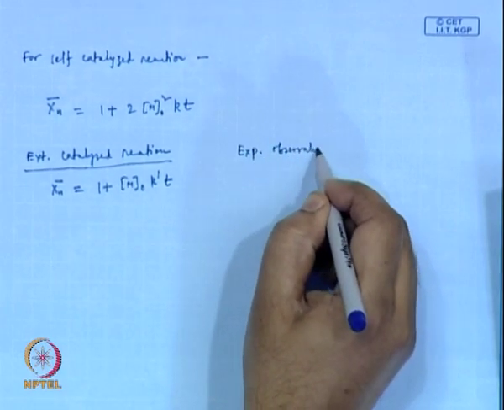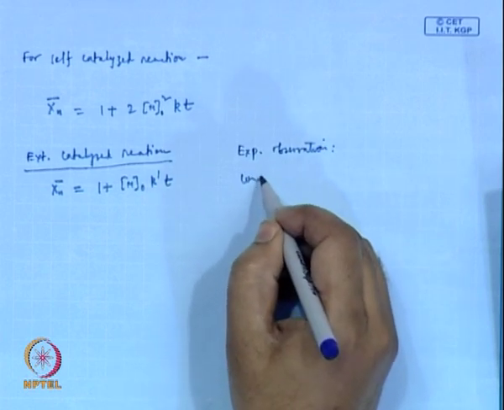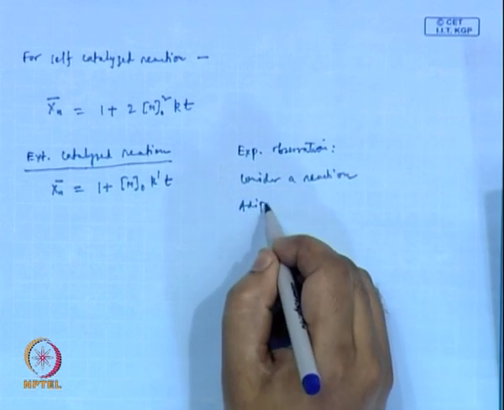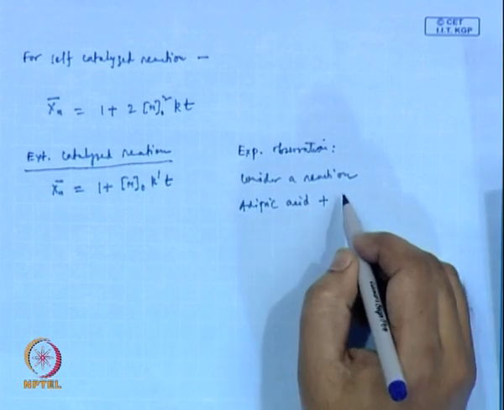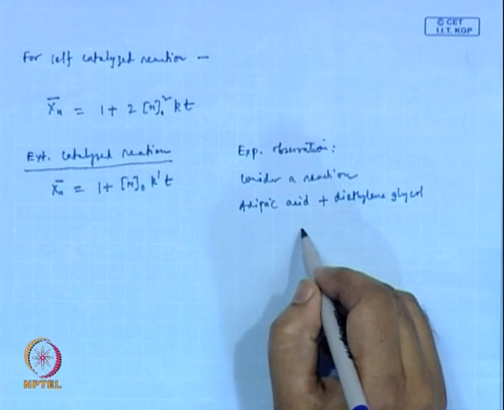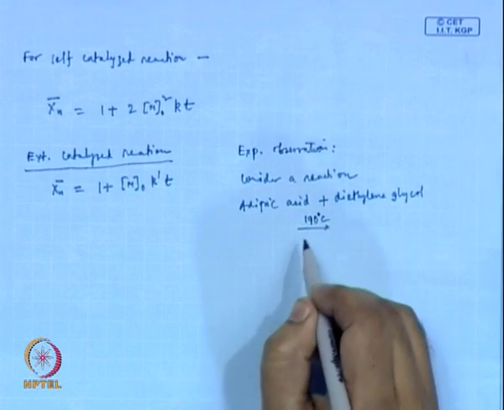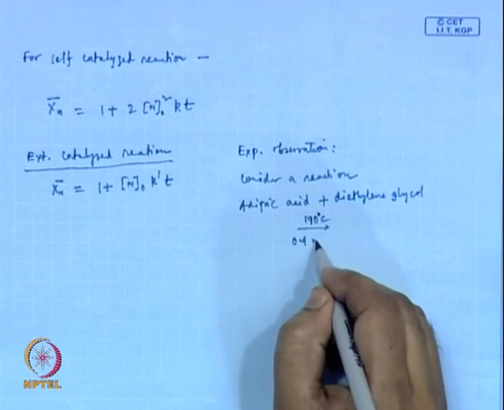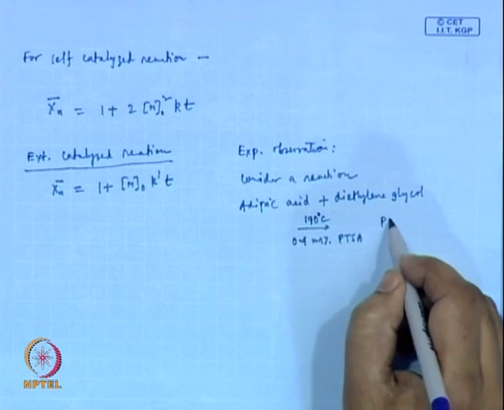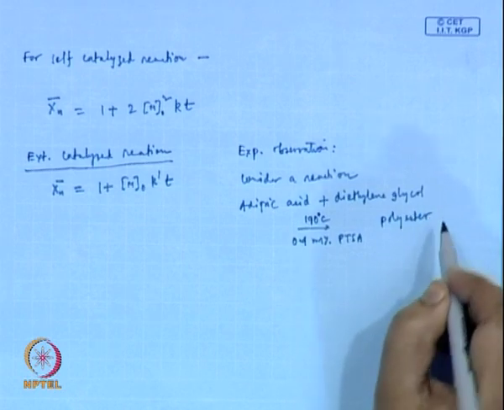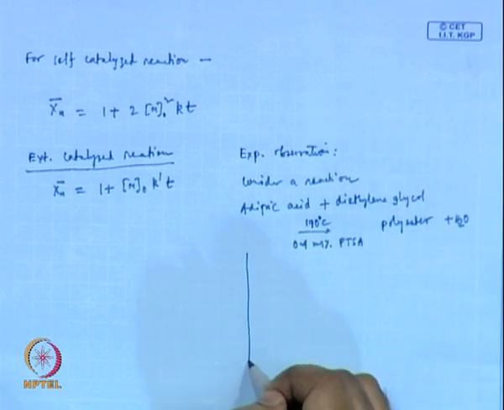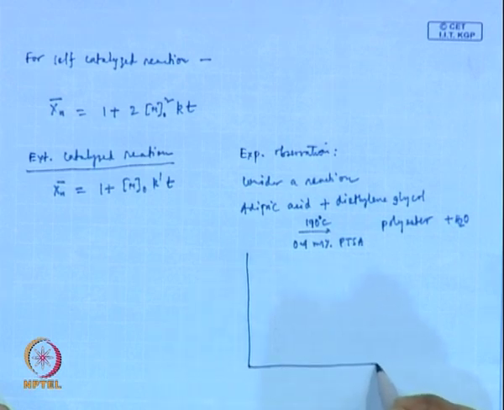Let us consider a reaction of adipic acid plus diethylene glycol at 190 degrees centigrade in the presence of 0.4 mole percent of para-toluene sulfonic acid as a catalyst, and the product is polyester plus H2O. So, this is what is observed experimentally.